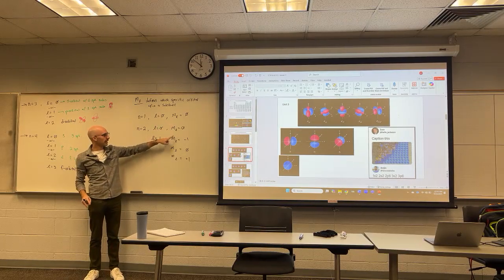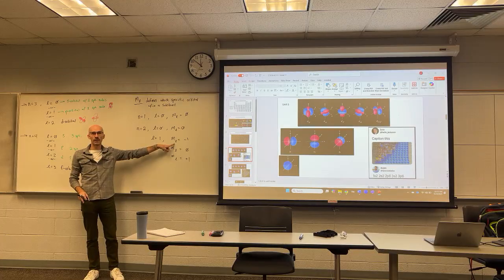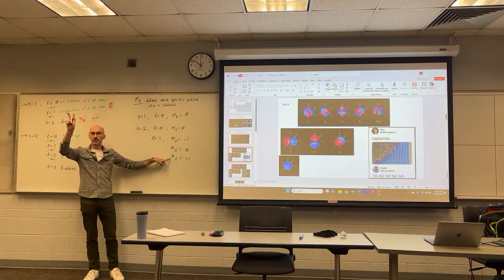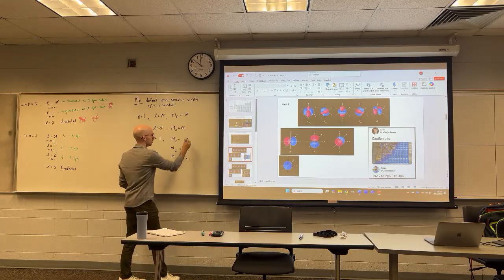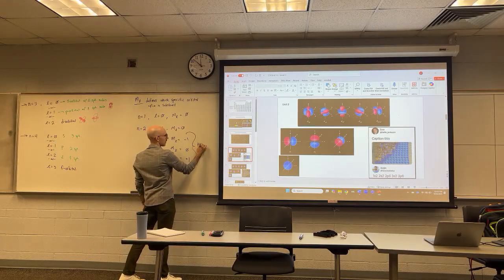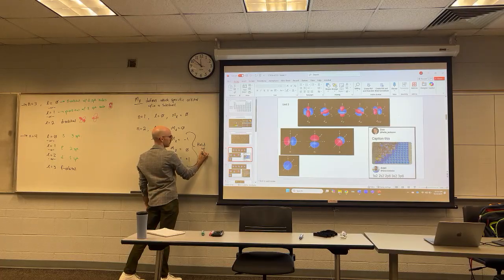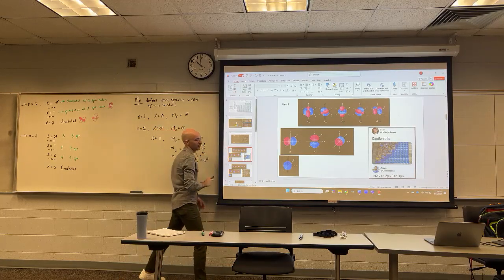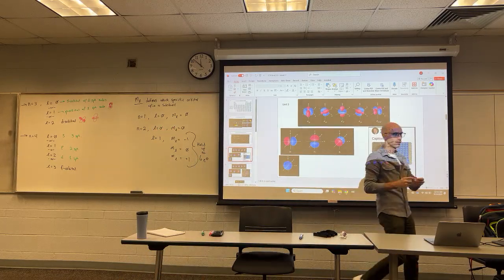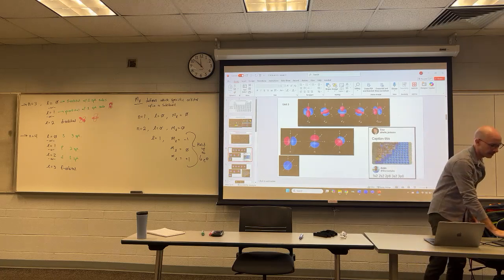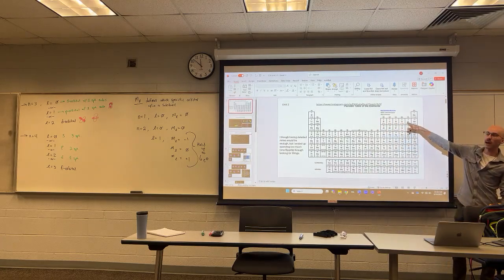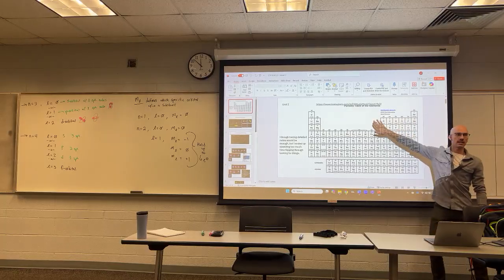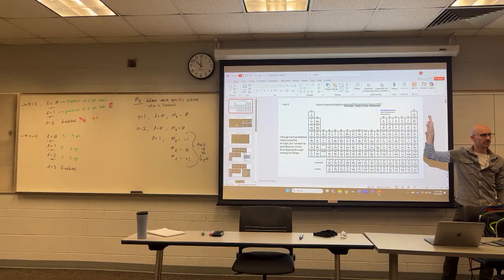How many can fit in M sub L equals -1? 2. M sub L equals 0? 2. M sub L equals 1? 2. This is why the P subshell can hold up to 6 electrons, 3 orbitals with 2 in each. 1, 2, 3, 4, 5, 6. It correlates with the periodic table.